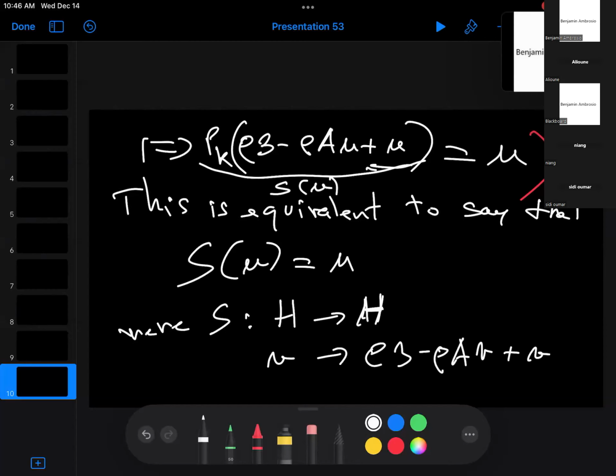Okay, so now if I have a fixed point of this application, I'm done. So now I need to prove that there exists some rho such that this application S is a contraction.